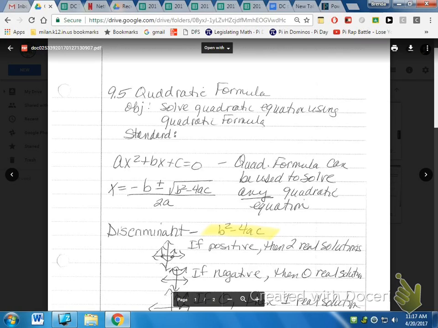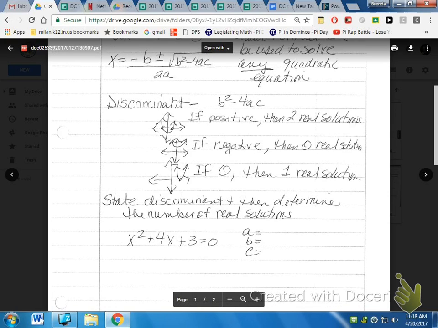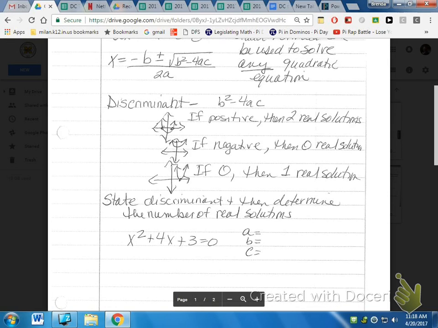If you had the square root of 9, wouldn't you have 3 and negative 3? So if the discriminant is a positive value, you would have two solutions. And the parabola would cross the x-axis in two spots, just like that.